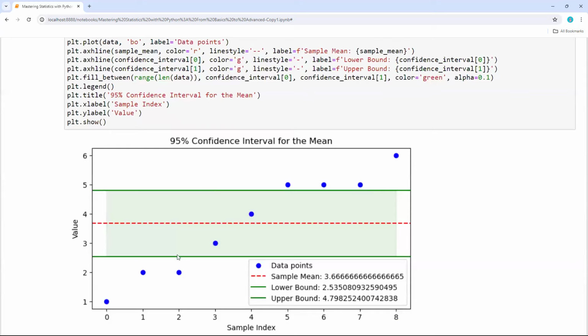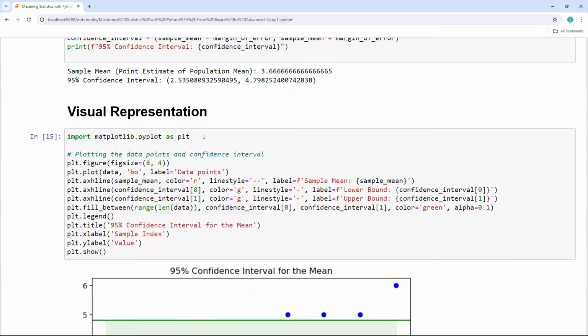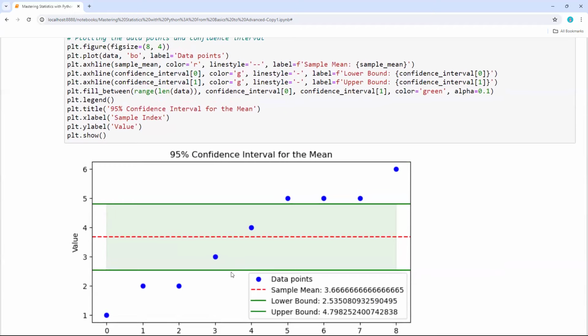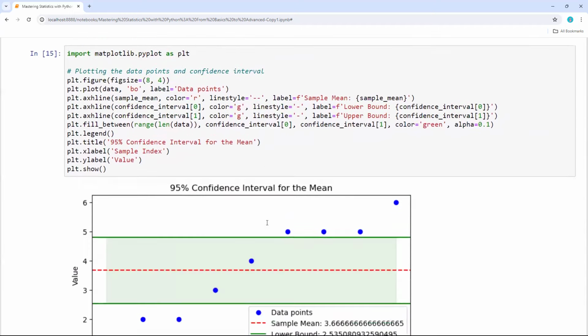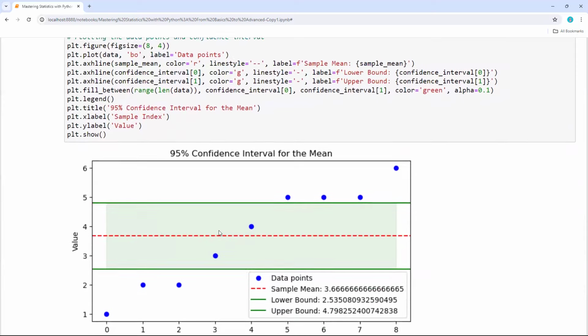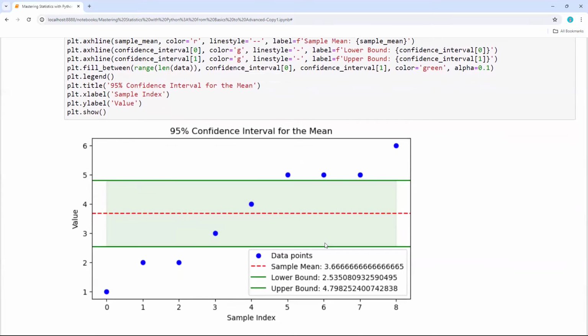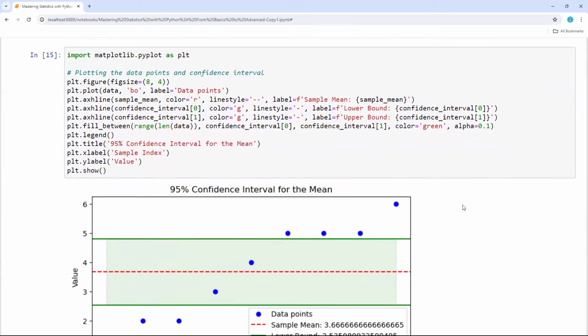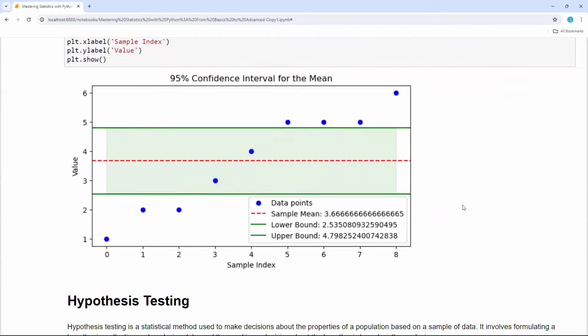Lower bound is like 2.53, so here we got lower bound 2.53 at the confidence level, and upper bound is like 4.79. So here my upper bound is present, and these are all my data points. So this is how you can look at the data visually for confidence levels and point estimations.